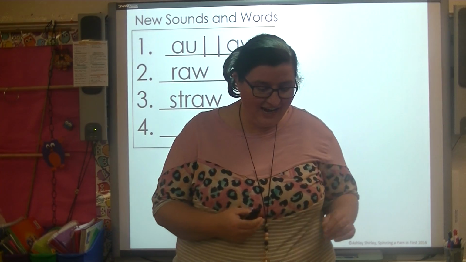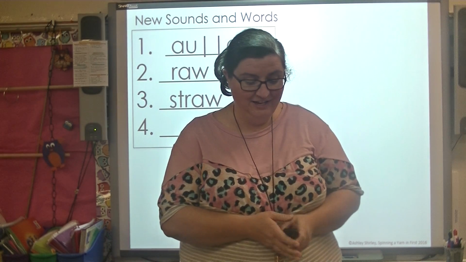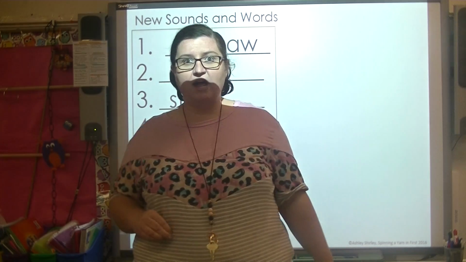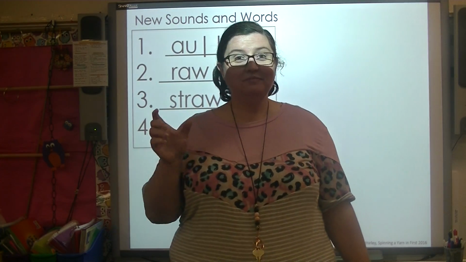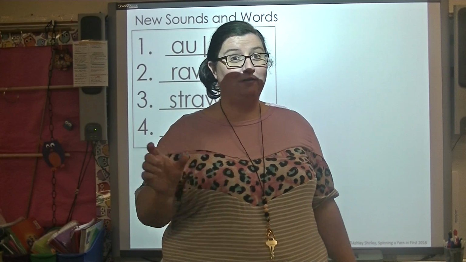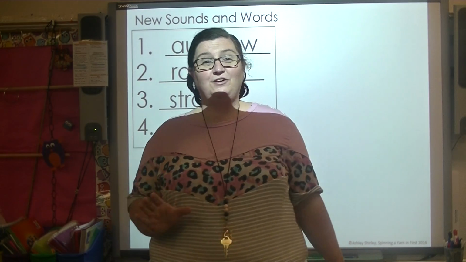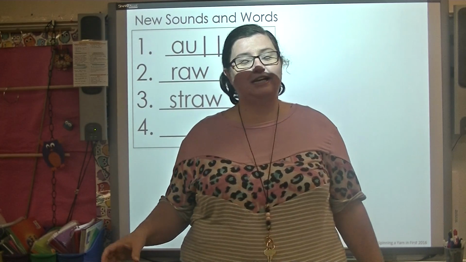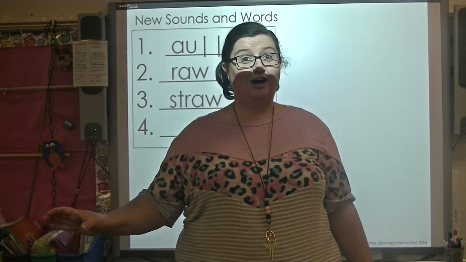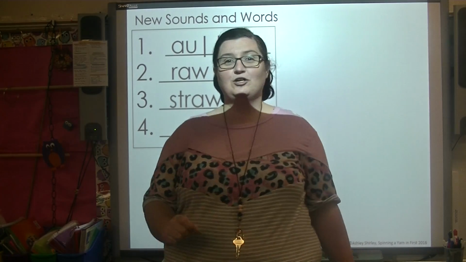Number 4, outlaw. The sheriff is looking for the outlaw. Outlaw. All right, we have a compound word. What's the first part of the word? Out. And the second part? Law. So let's sound out the first part. Out.